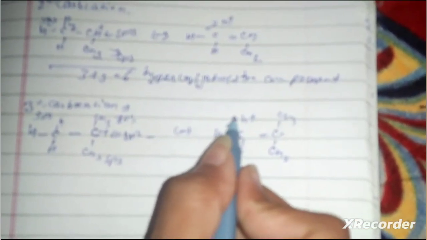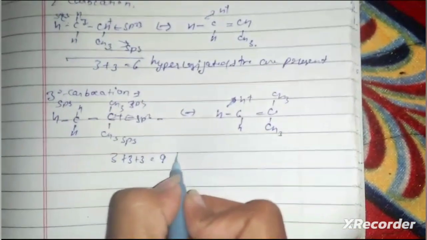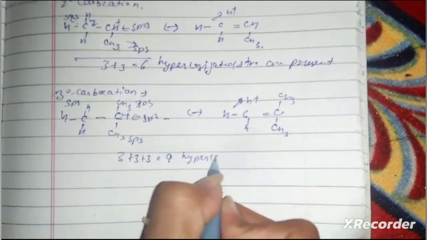You see other hyperconjugated structures like this. For the tertiary carbocation, 3 plus 3 plus 3 equal to 9 hyperconjugated structures are present.